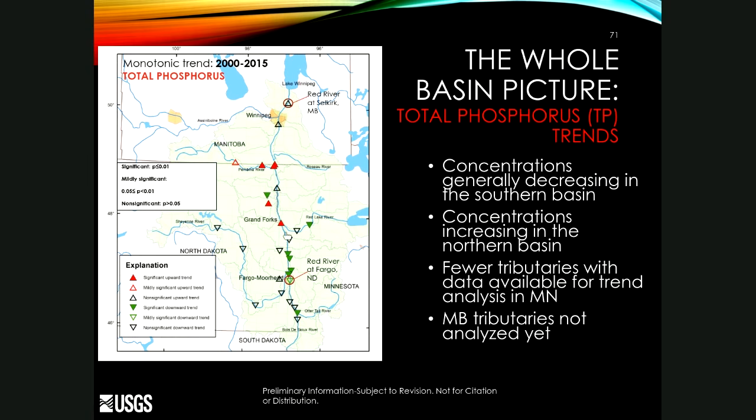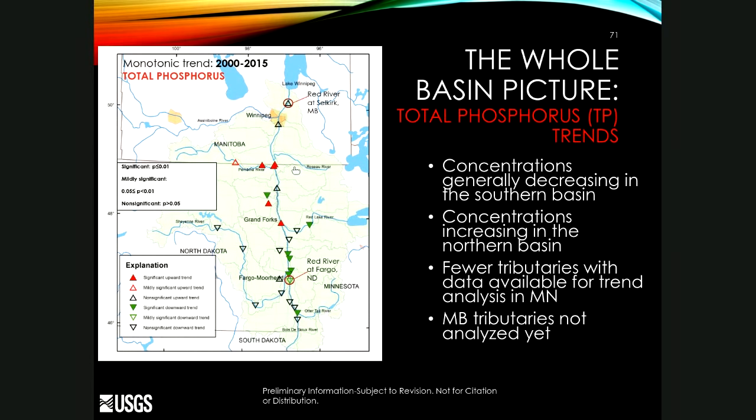Something happens between Fargo and Grand Forks, and I'm not sure that I know the answer to that exactly, but something is going on that causes that trend to increase in Grand Forks, and then once we go downstream on the Red River, there tends to be those increasing total phosphorus trends. One thing I want to point out is that in the Minnesota upper, our northern part of the basin, we are missing a few.